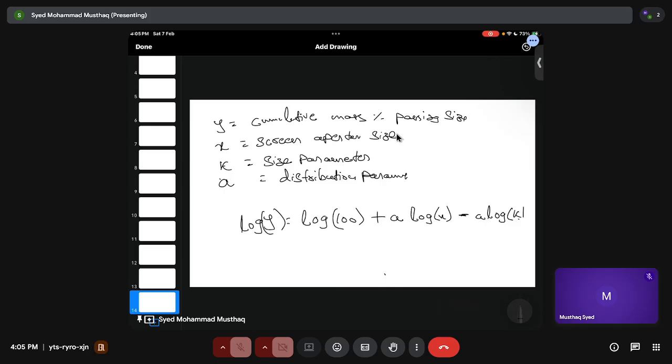Now to get these parameters, let's say my y is 100, so everything I'm retaining, the cumulative percent is 100. Then it becomes log 100 equals log 100, these two get cancelled, so x will be equal to k. That means it is the maximum size of a particle, right?